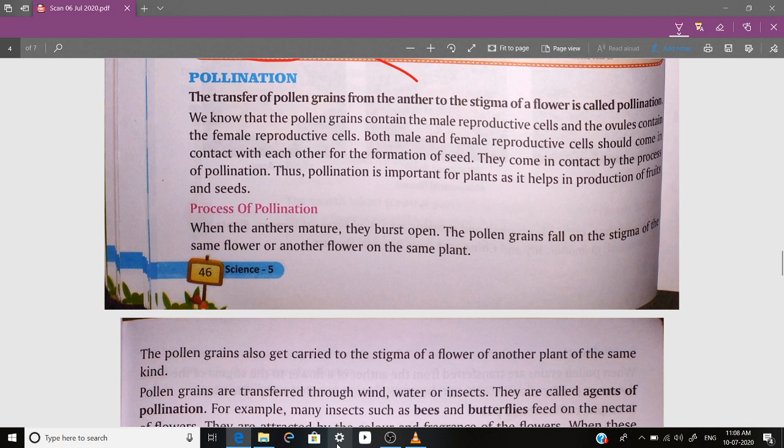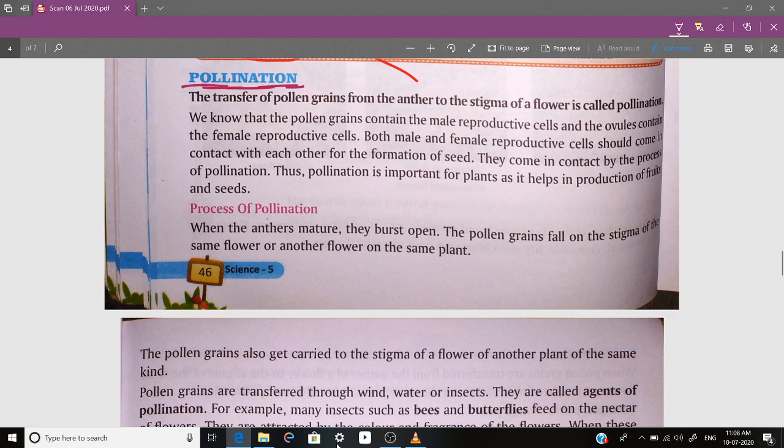In the types of flowers, I have told you there are two types of flowers, monosexual and bisexual. Also, I have told you there are four main parts of a flower: calyx, corolla, androecium, and gynoecium. In this part, we are going to start with the topic pollination.